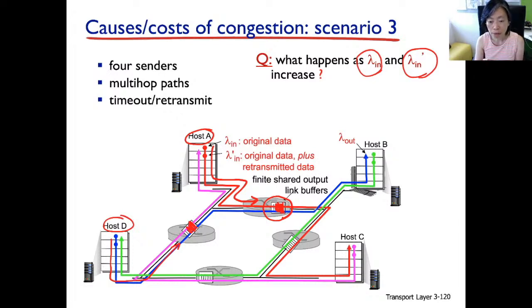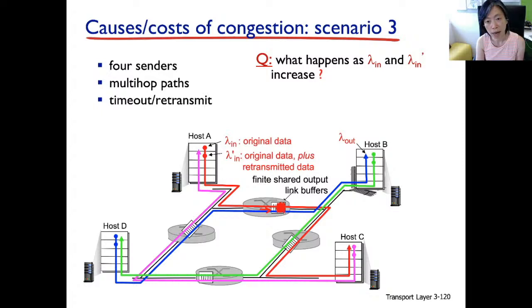Now, after a while, the red packet is going to come out and enter the second hop. Just like that, the blue packet is going to come out and enter this router here at the top. And the blue packet will be coming in to compete with the red packet that is already occupying most of the buffer space. Okay, so this is already pretty full when the blue packet just arrived.